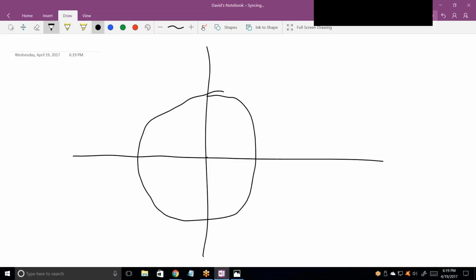When I have a ray like that, this coordinate right there is x comma y, correct? But it's also always the cosine of theta comma the sine of theta.